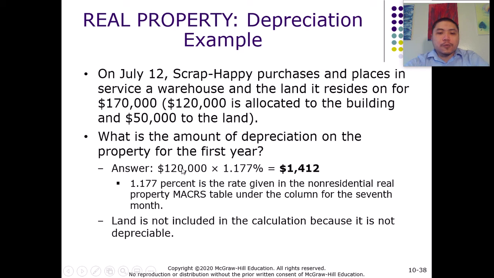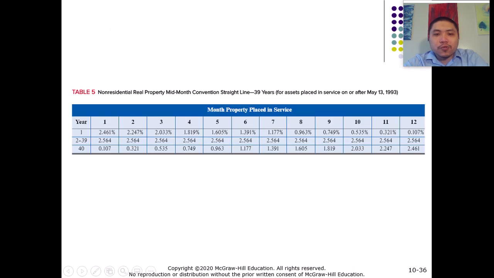So we know the basis is $120,000, and this is a warehouse, so it is a non-residential property, and the company put it into service after 1993. This is 2018, so we look at this table for the first year.